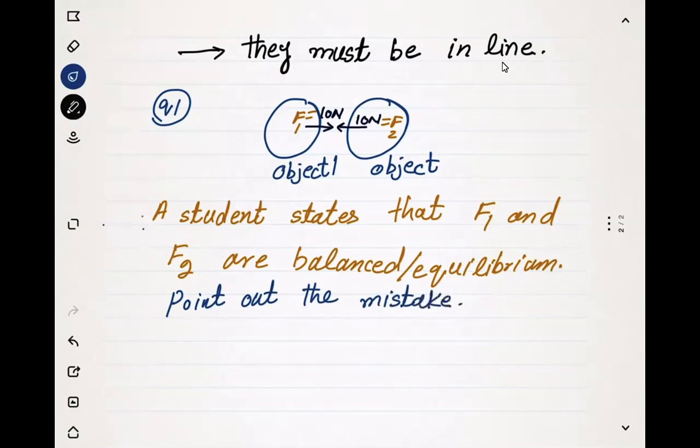Here the mistake is that these 2 forces cannot be balanced or in equilibrium because they are acting on 2 different objects.